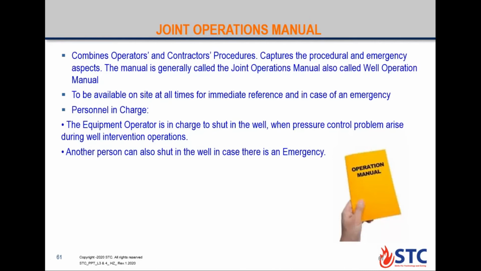This person will be mentioned in the manual, plan or program for the operation. Another person can also shut in, as a backup, usually the equipment operator or the operator who is responsible for shutting in the well in case of emergency during coiled tubing operation. And only this person can go to operate the BOP.